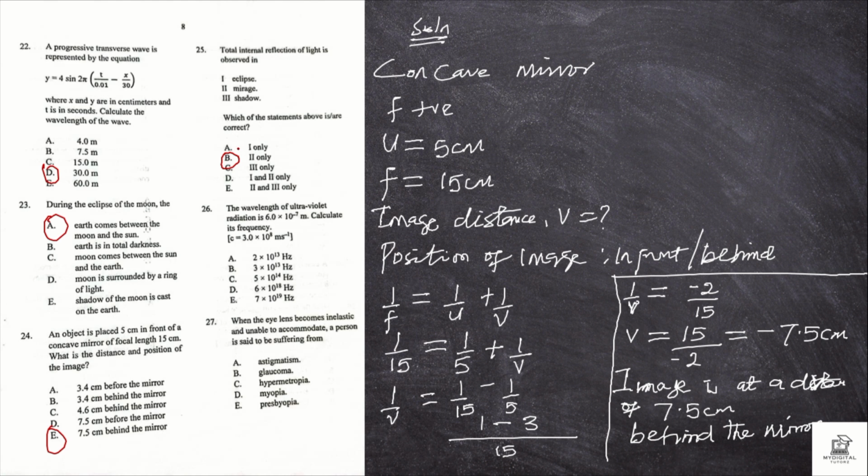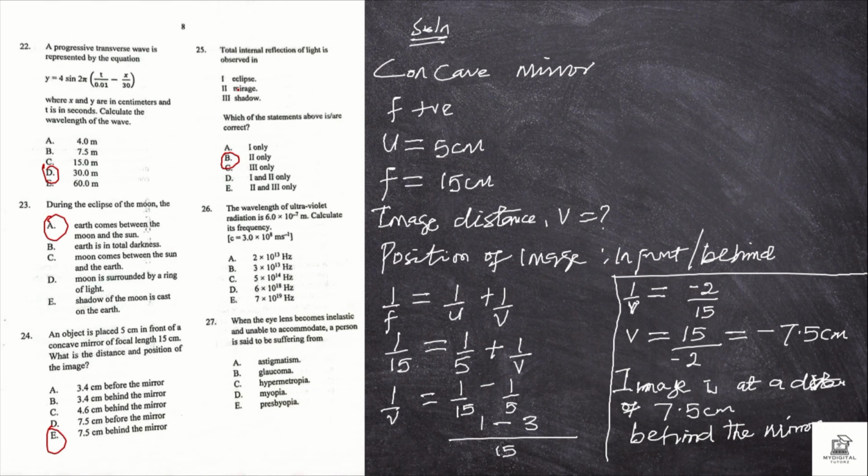Eclipse is caused as a result of what? When the three heavenly bodies, the sun, the earth, and the moon, as they are rotating, at a certain instant, they now come on a straight line. One of the bodies will cast shadow against the other. That is eclipse. It could be eclipse of the sun or that of the moon. Are we clear?